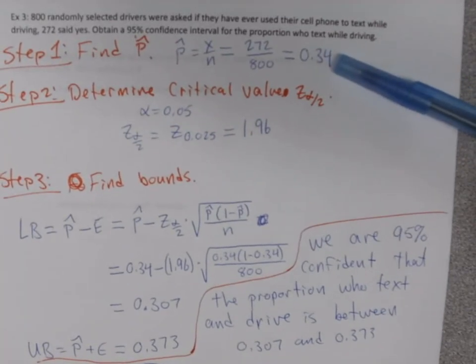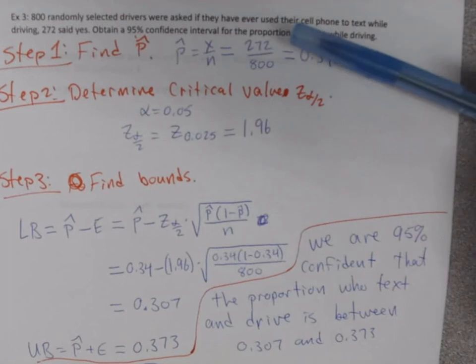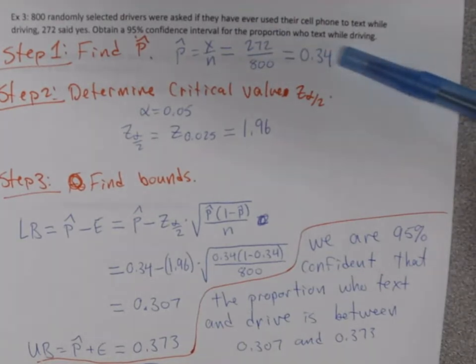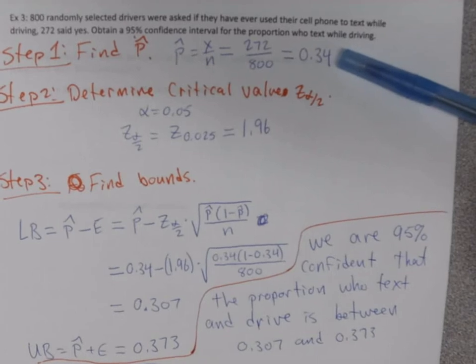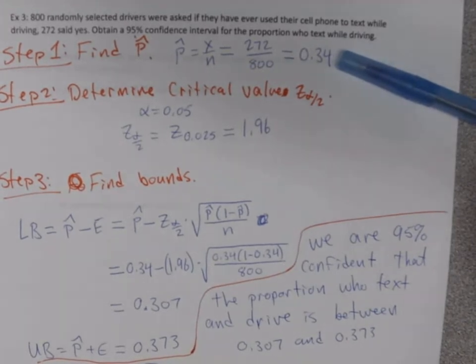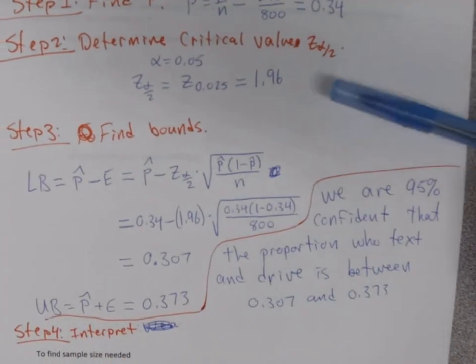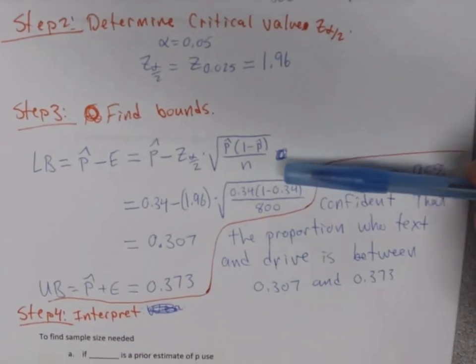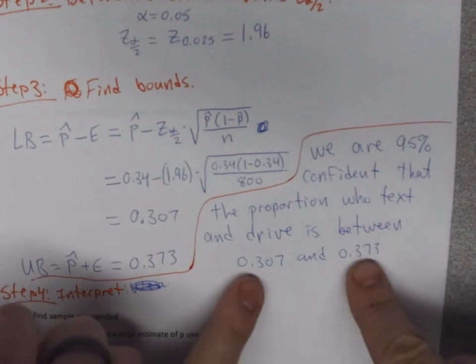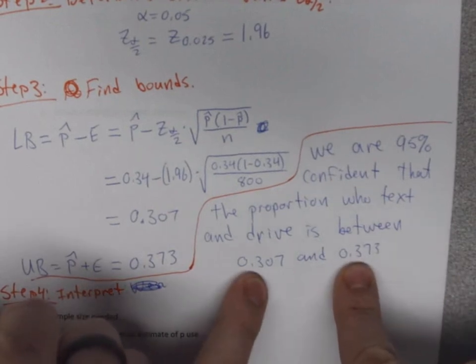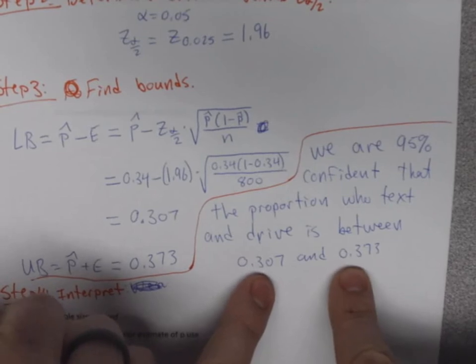The 0.34 is only for these 800 randomly selected drivers. I'm not telling you that of all the drivers, 34% text and drive. I'm saying 34% of just these 800 text and drive. What we're doing by finding this confidence interval is we're saying now we can say that of all those who drive, we are 95% confident that between these two numbers is the percentage of people who text and drive.